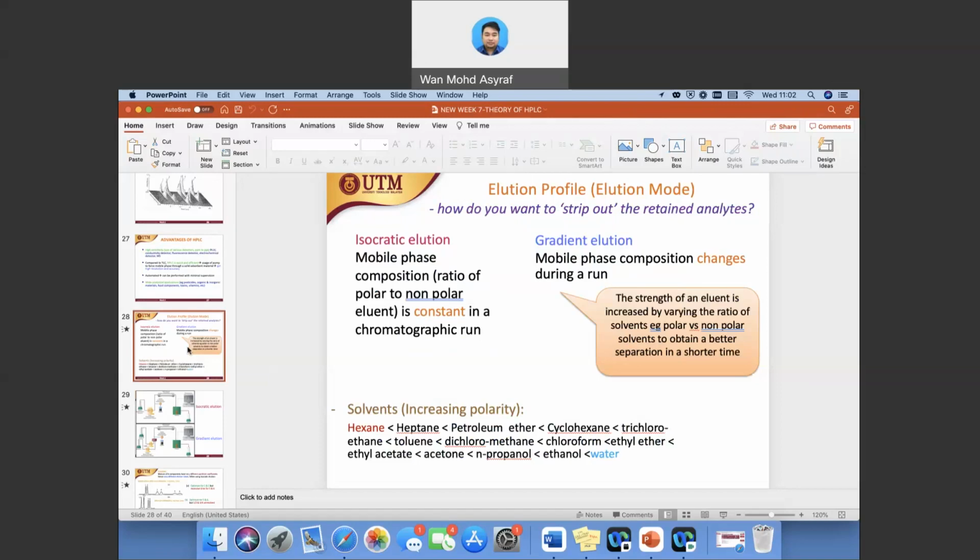Okay, in isocratic elution, the mobile phase composition, which is the ratio of whatever combination that you have for your mobile phase, is constant in a chromatographic run. Okay, as you can imagine, for your mobile phase reservoir, you have 4 bottles up there. Okay, you have 4 bottles, which means you can have a combination of 4.